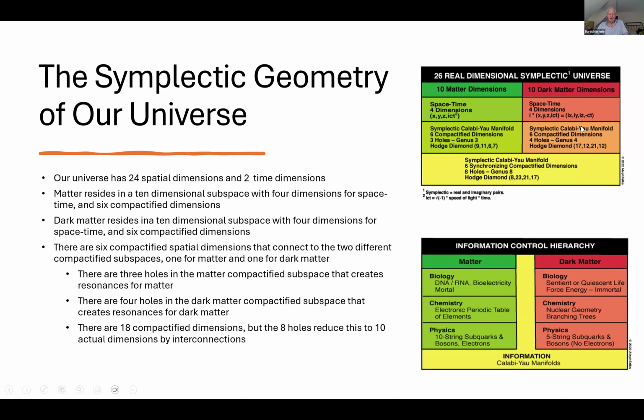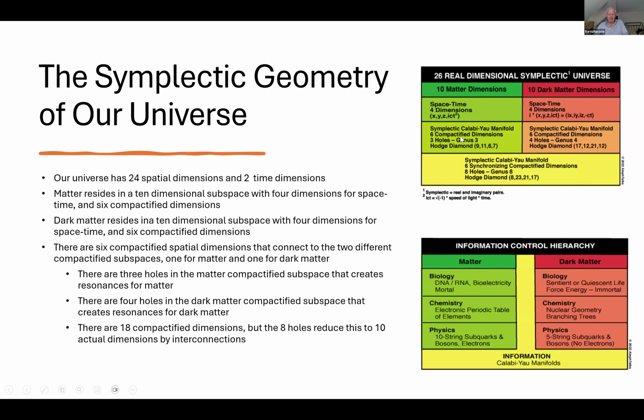Remember how we describe the electron and the nucleus: the electron is so much further out, a couple thousand factors out from the size of the nucleus. The same thing's true for the subquarks here for dark matter. So this can be scattered all over the place, and yet it'll take up actually very little space, quote unquote, in the 10 dimensions that it's working in.